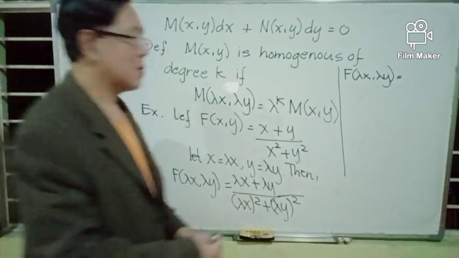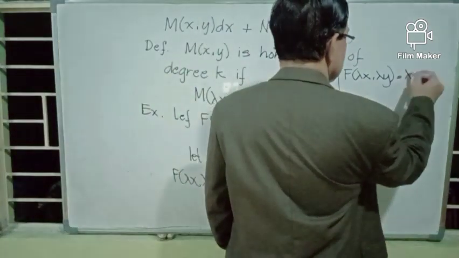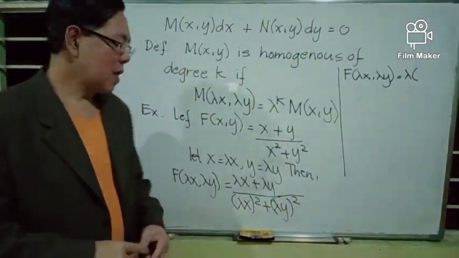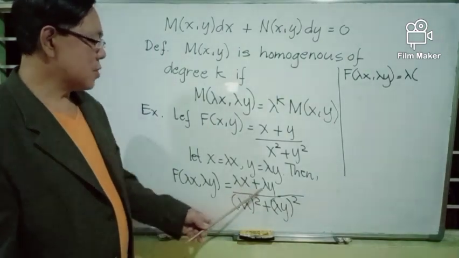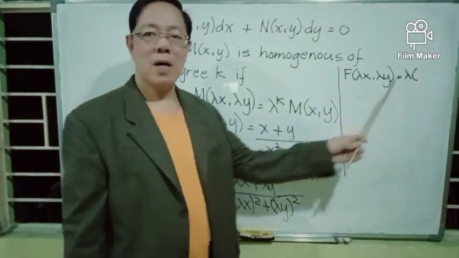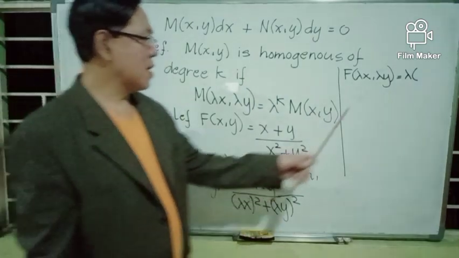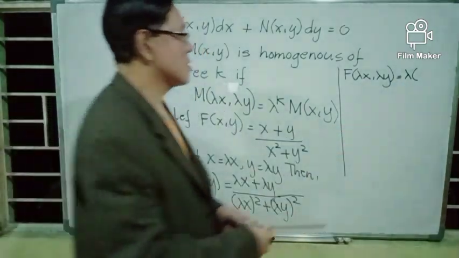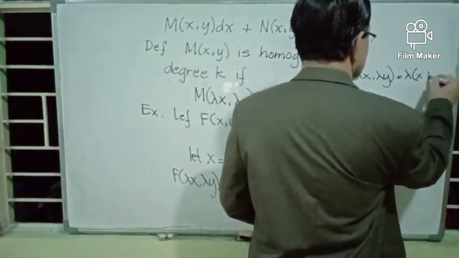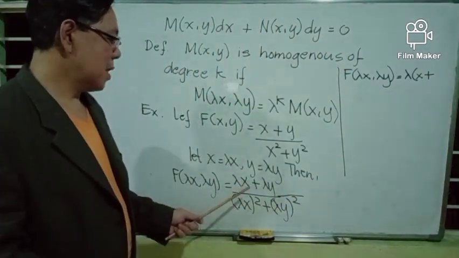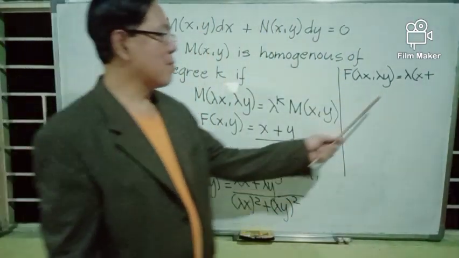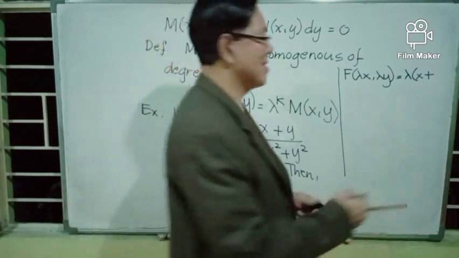And the common factor lambda multiplied by the other factor, divide each term by the common factor lambda. Lambda x divided by lambda is x. Plus lambda y divided by lambda is y.